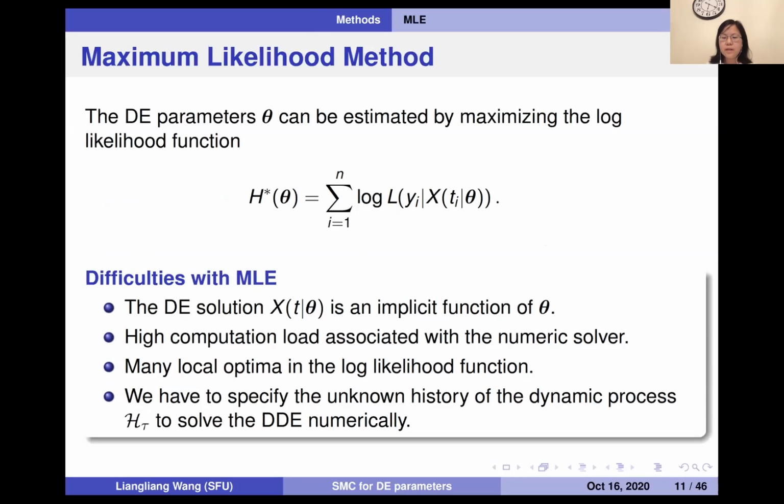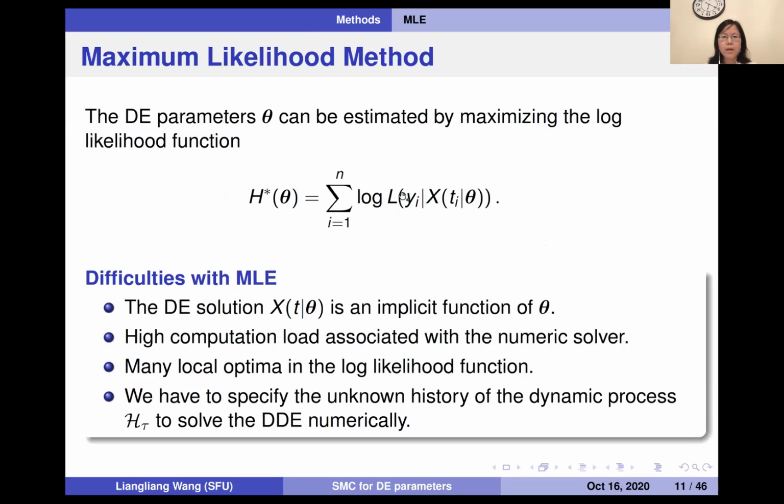So there are several methods that can deal with this parameter estimation problem. The first method is MLE. The DDE parameter theta can be estimated by maximizing the log likelihood function.